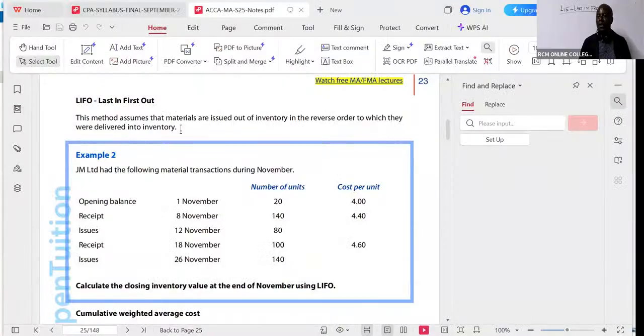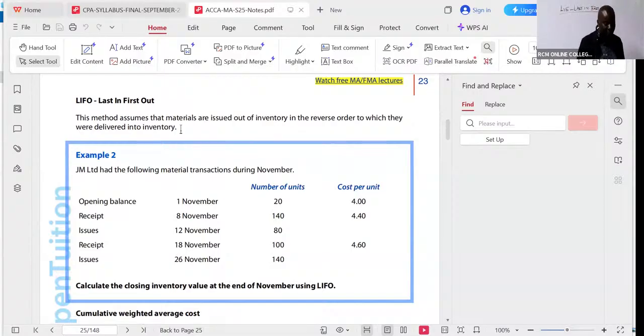Under LIFO, this method assumes that materials are issued out of inventory in the reverse order to which they were delivered into inventory.